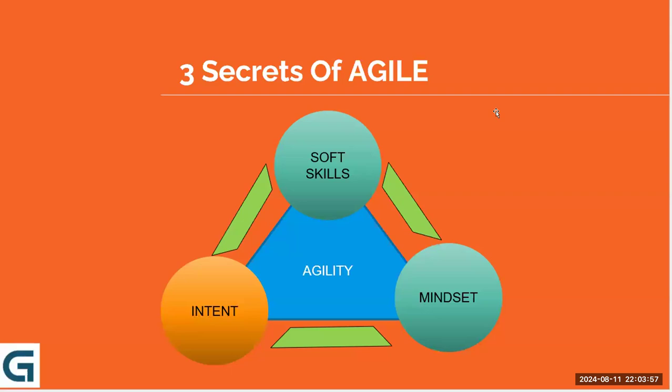These are the three secrets. When it comes to Agile, more than being technical, it is all about agility. How agility will be respected with intention, and the mindset you will be approaching the delivery with, is also called the Agile mindset. And then a little bit of a sprinkle of soft skills that you need to know more about. This is going to be for 8 weeks, as I already said.